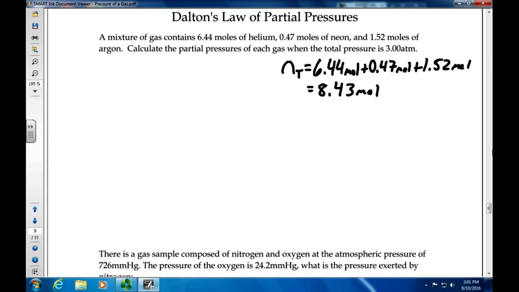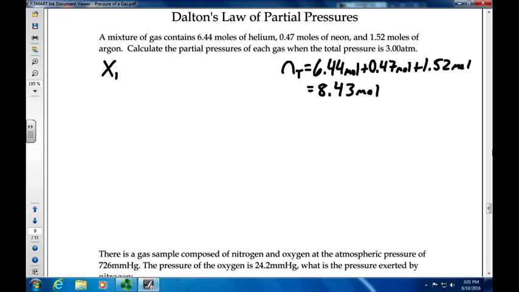Once we've done that, we can then use that total moles to determine what each species' mole fraction is. In other words, what portion of the total gas is any given species. We'll denote it as X sub whatever the species is.